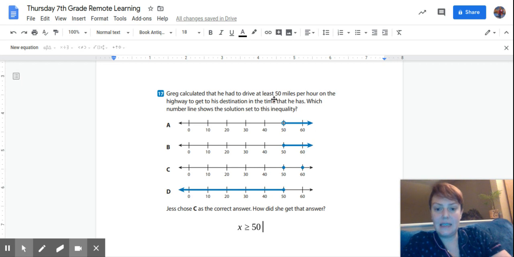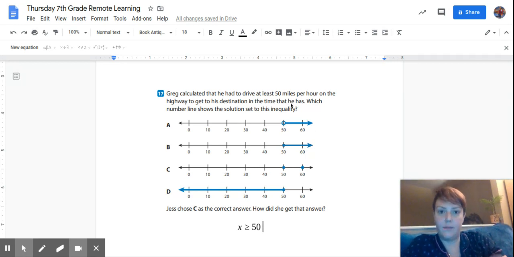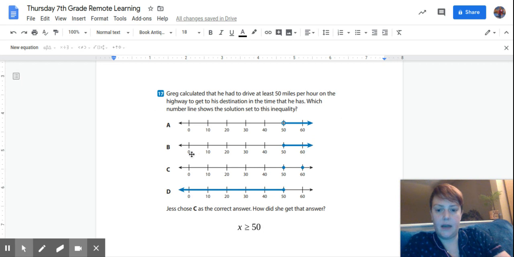And so at the very least, it has to be 50. Is 50 okay? Well, yeah, but that's the bottom that you can go. So letter A is out because B depicts greater than or equal to, so including the point at 50 and going off in the positive direction.